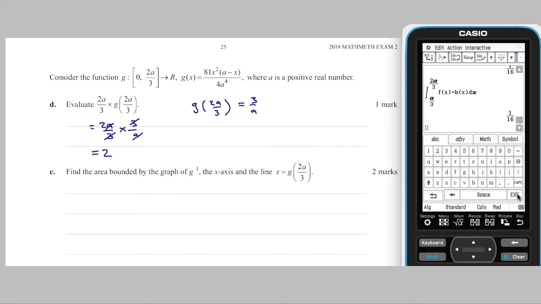Part E. We are asked to find an area that looks something like this. This is equivalent to the area between g of x and the y-axis.